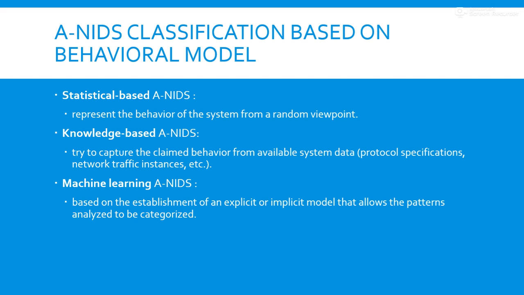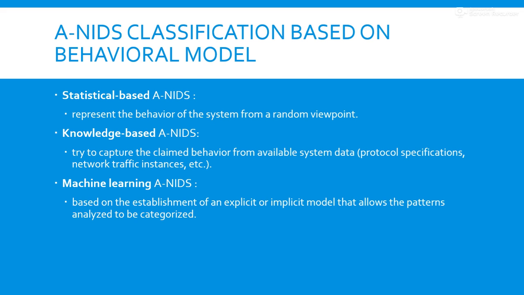And then comes the machine learning based network intrusion detection system, which is based on the establishment of an explicit or implicit model that allows the pattern analyzed to be categorized, like neural networks. Now neural networks are built or trained by presenting the IDS system with a large amount of data and rules about data relationships, and then neural networks attempt to use artificial intelligence to build matrices based on the given information.